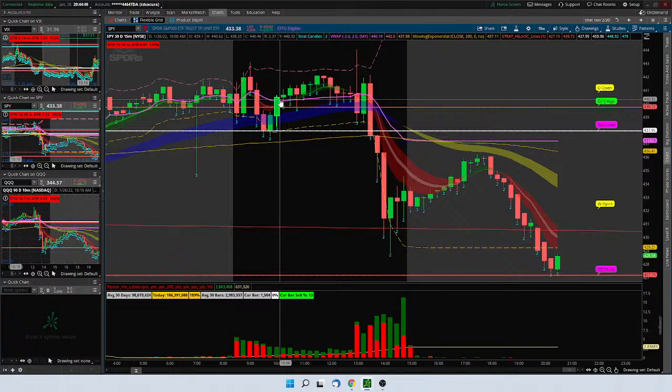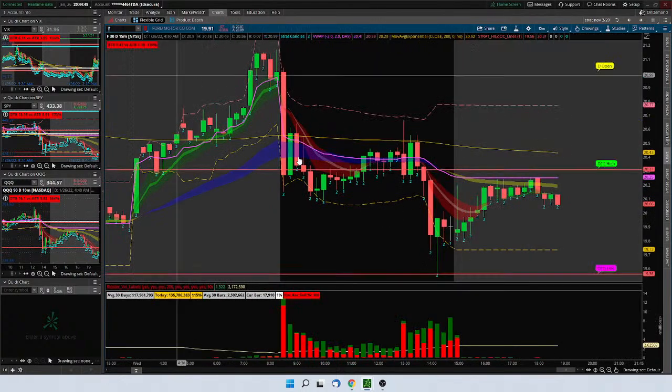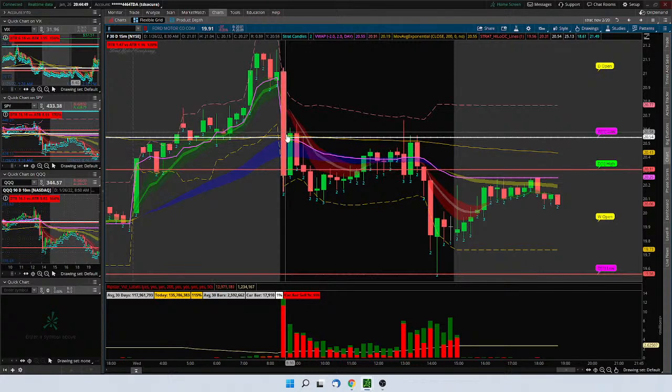Now, if we're looking at something like Ford, and you've got a small account and you buy one contract, today we would have had, I mean, this is a long TTO. But with Ford, you buy one contract, they're $30.